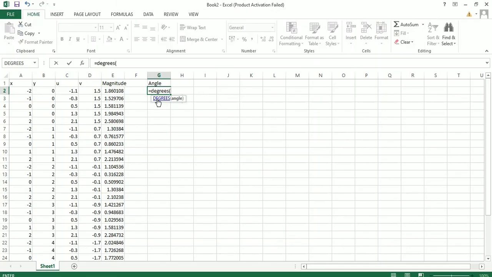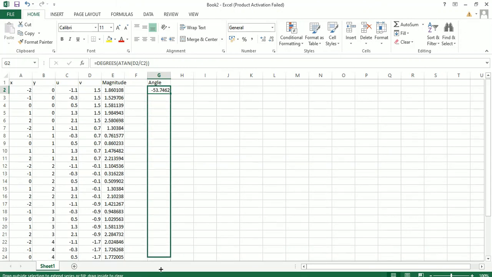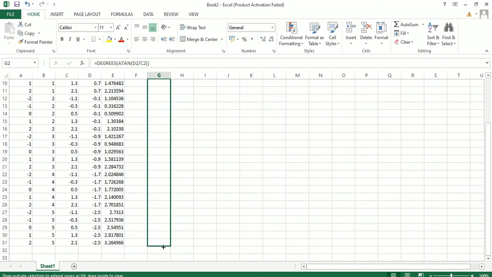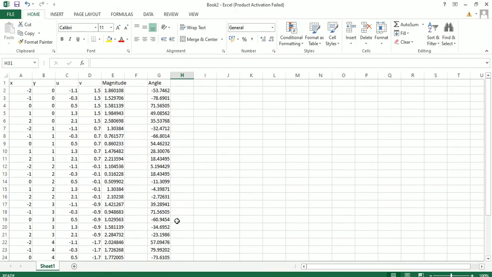Tan inverse in this case is ATAN. So tan inverse, then you bring bracket. Then you are going to have the v value divided by the u value. Then you close the bracket. Then let's close the first bracket also. Then you press enter. So you're going to have your angle, then you drag this down so that you calculate the angles for all the values. So that will be the angle.